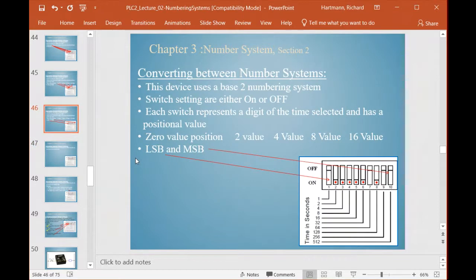All right, so this here refers to the least significant bit and the most significant bit. And actually the way this is laid out, the most significant bit is on the right. But normally when we write numbers, the most significant bit is on the left-hand side, right?